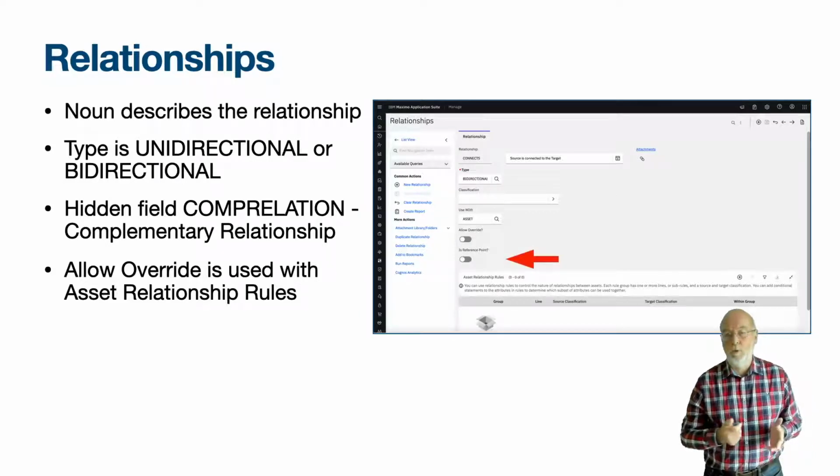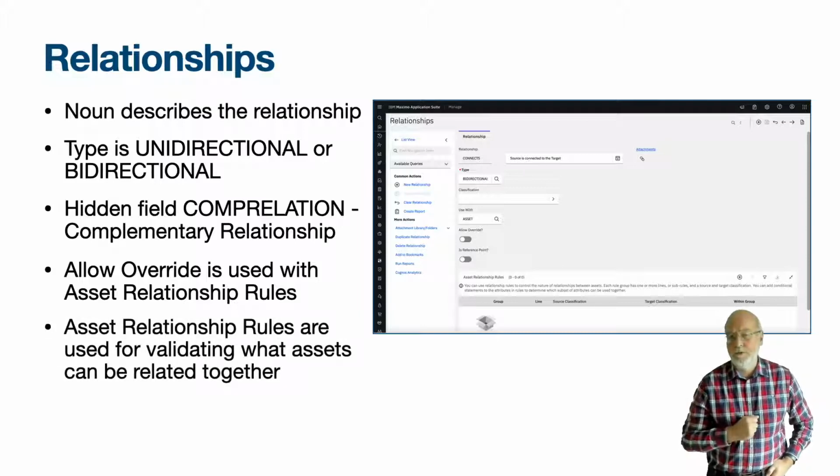The isReferencePoint field, attribute is linear ref, when set, will create a linear feature when the relationship is used. A reference point is a point along the linear asset from which other things can be measured. For example, a bridge where one road crosses over another, the relationship would be used as a reference point.